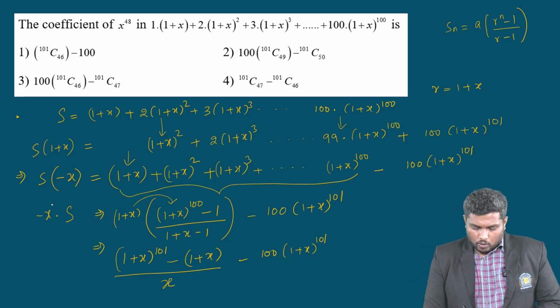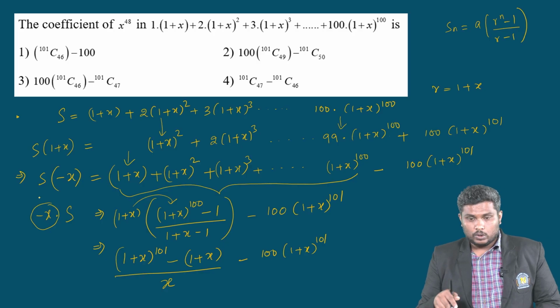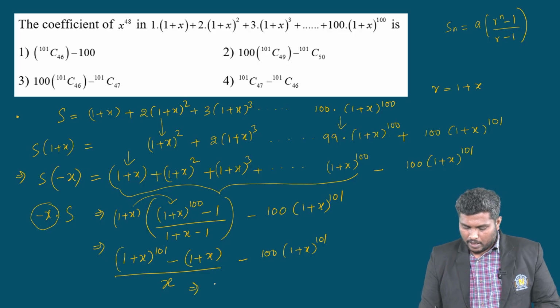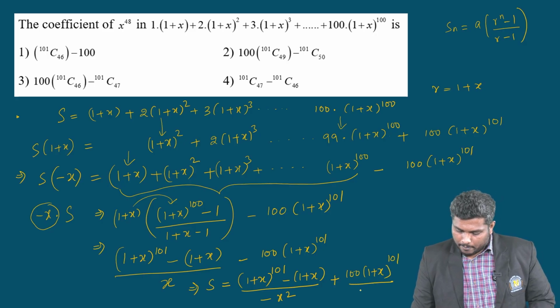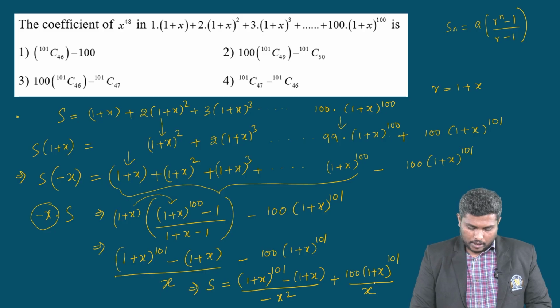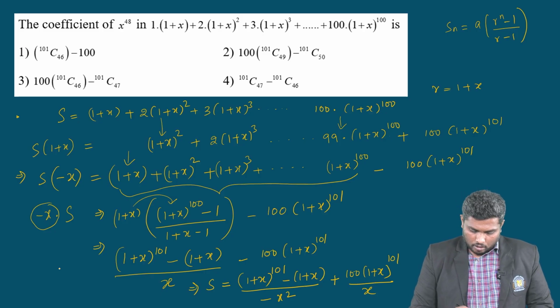Now I'm going to bring this minus x to this side, which gives S is equal to (1 plus x) power 101 minus (1 plus x), by minus x square, plus 100 into (1 plus x) whole power 101 by x. Okay, we'll take it on to the next page.